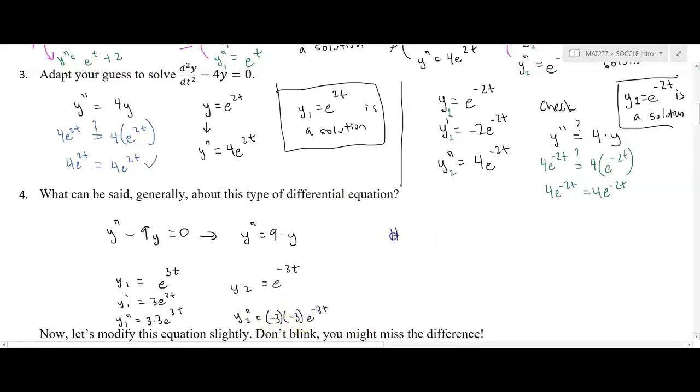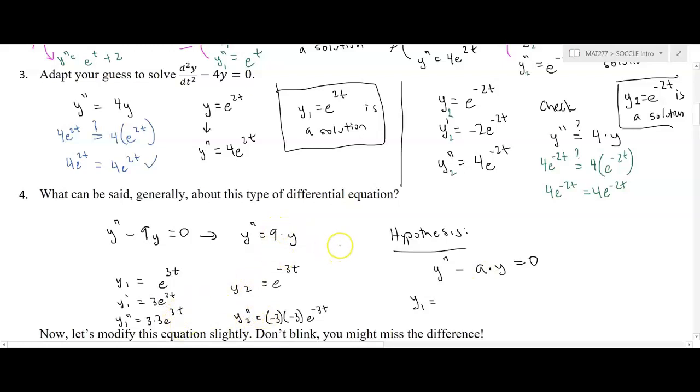So my hypothesis is that if I had y double prime minus some constant, we'll just call this minus a times y equals 0, we would be willing to guess that y1 equals, what was the relationship between the 9 and the 3?